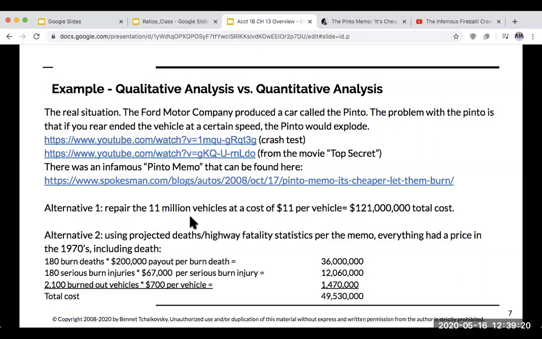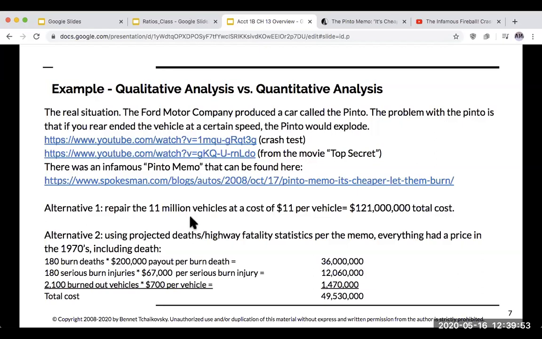The one thing that they did not factor into their quantitative analysis, especially as alternative 2, is what would happen as a result of the brand damage. So what was the brand damage to the Ford Motor Company as a result of offering the Pinto? And so this is really one of the huge takeaways, which was just, we can't just look at the numbers themselves. We have to look at the surrounding parts of it.